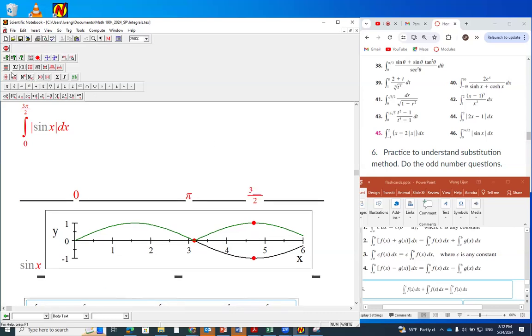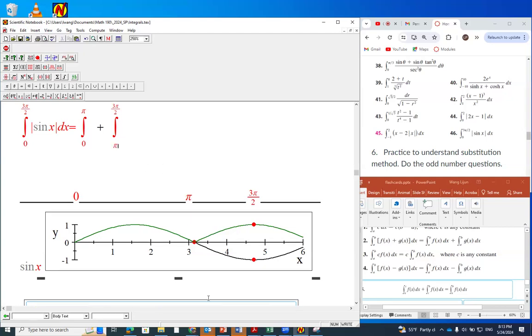You can see in this interval, we're going to split the interval into 2 pieces. One is from 0 to pi, and the other one is from pi to 3 pi over 2.